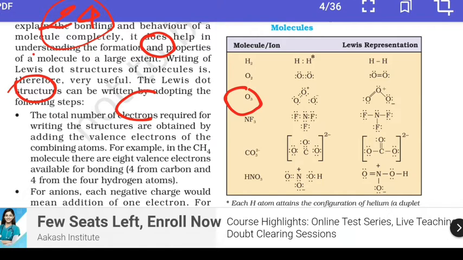So 2 electrons like this, 2 electrons, this 2 electrons, 4, 6 and 8. So these 8 electrons make 8 here, and for this carbon 1 electron, 2 electrons here, 3, 4. So this carbon also carries 4 electrons.